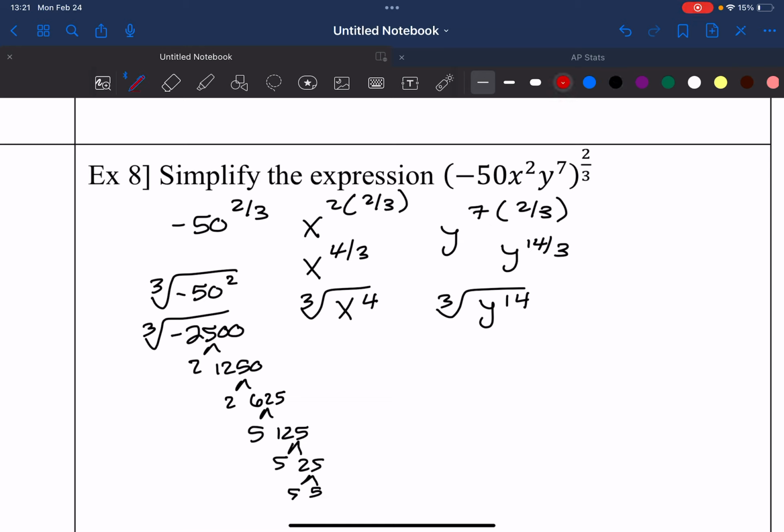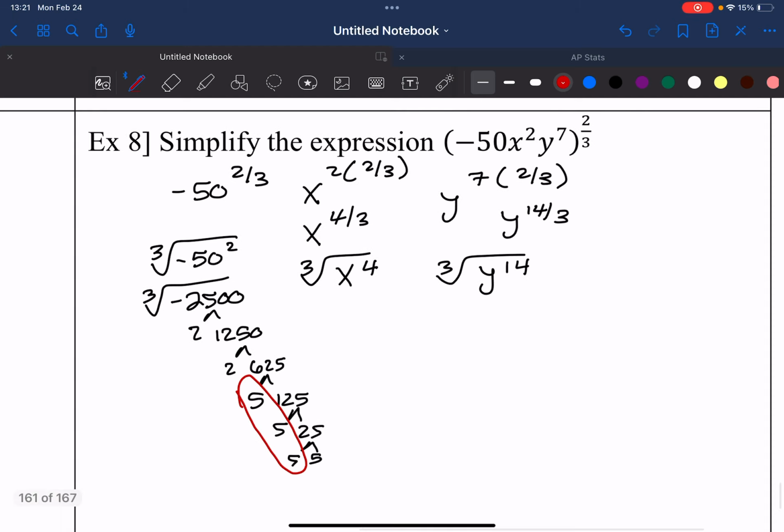And I have to circle pairs of 3 because it's the cube root. Okay, so I have 1 pair of 3. Hang on, I think I did something wrong.